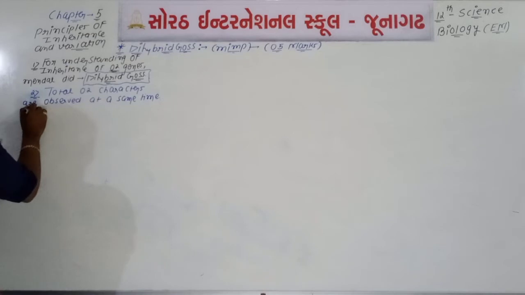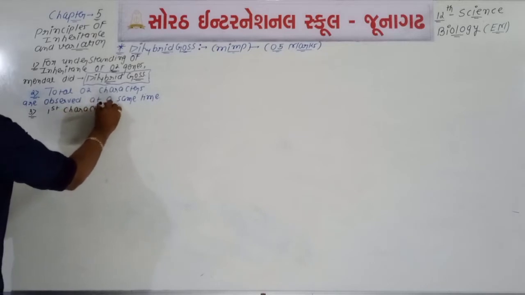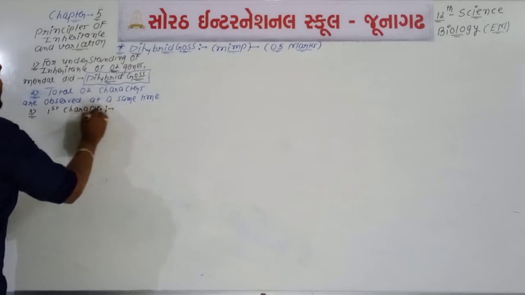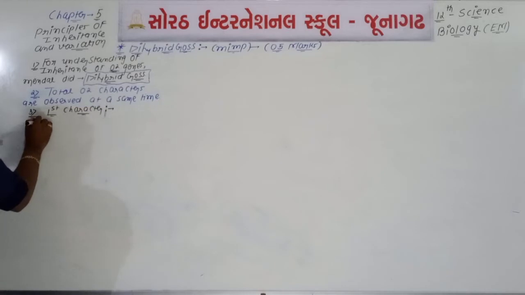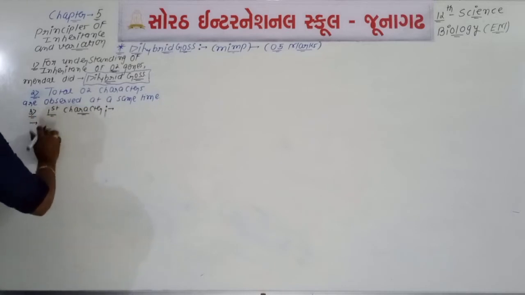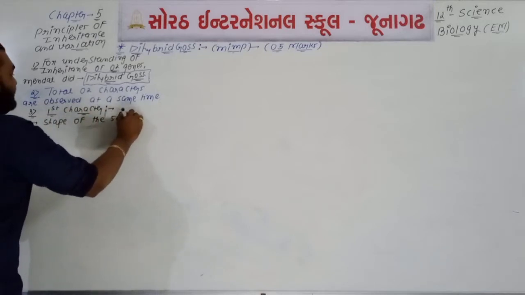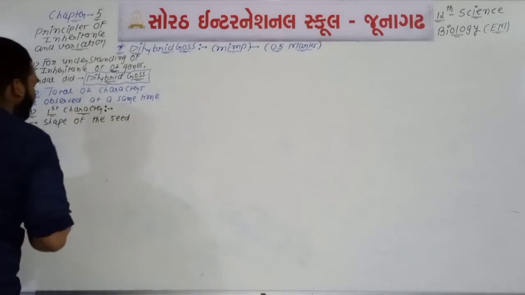Point number 3, the first character is the shape of the seed.